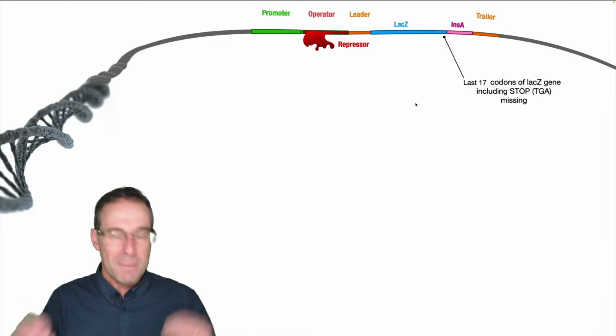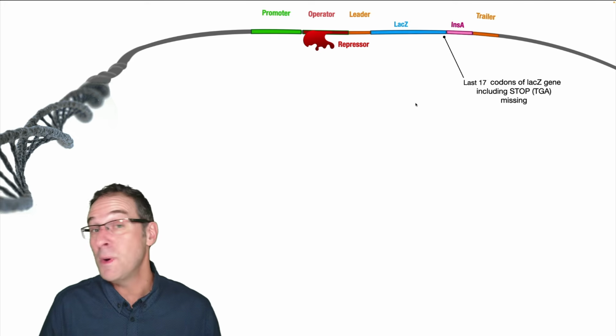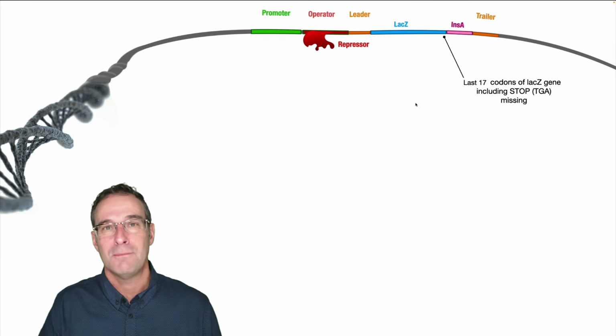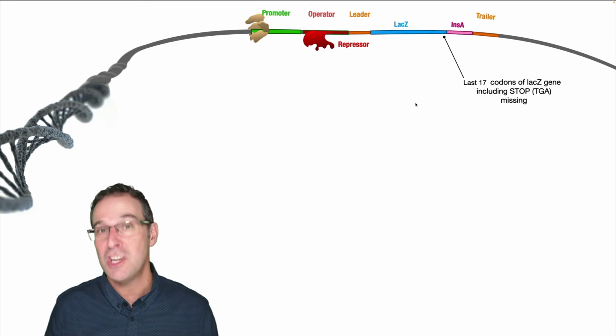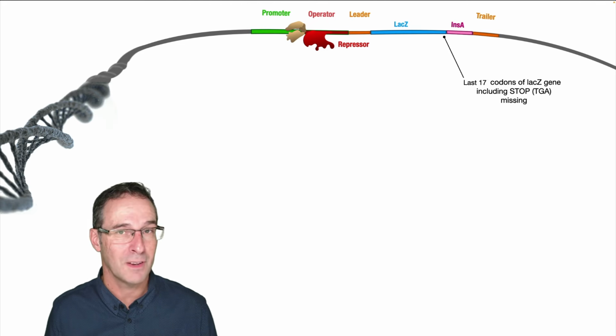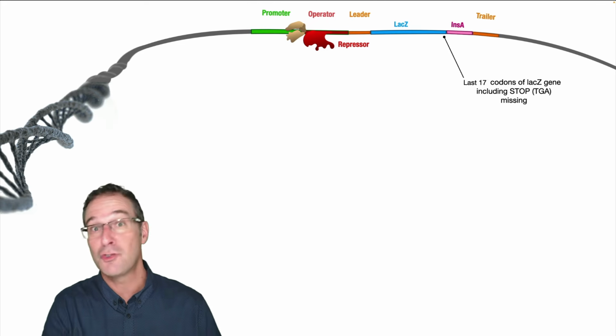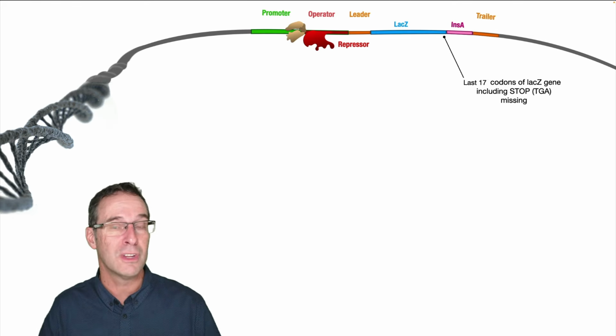All right, but before we even get to that, notice that between the promoter and the LAC-Z gene, which is for beta-galactosidase, there's a protein called a repressor, and that repressor stops the gene from being transcribed. This is gene regulation. It's a bit like the TRP operon. It's another operon called the LAC operon.